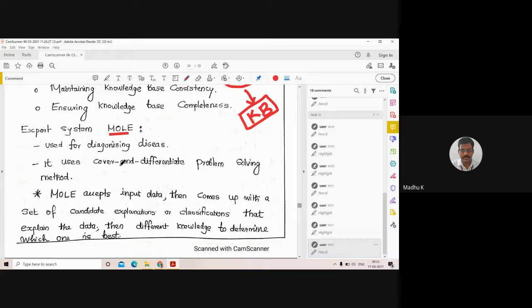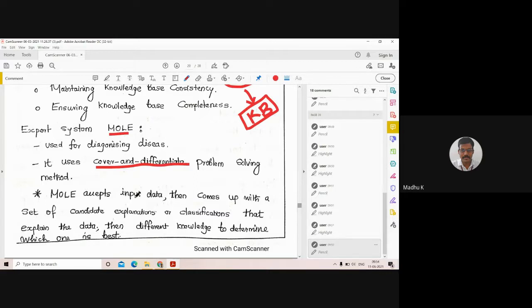It uses the cover and differentiate problem solving method to create an expert system. The cover and differentiate problem solving method is used by MOLE.